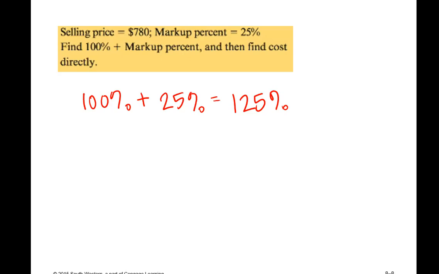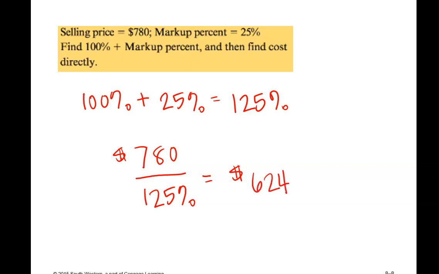To calculate the cost, I'm going to take the selling price of $780 and put that over 125%. Okay, and this is going to give me a cost of $624.